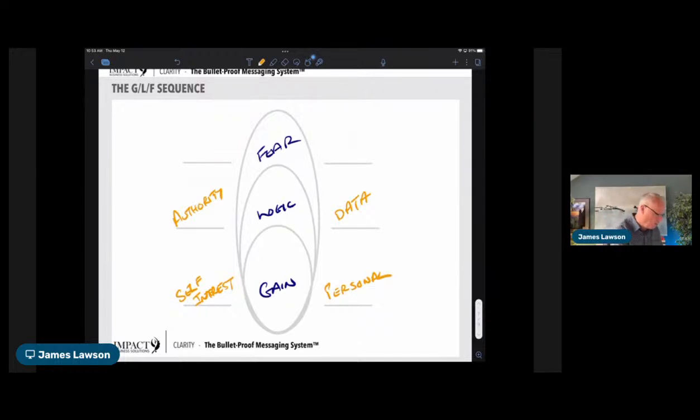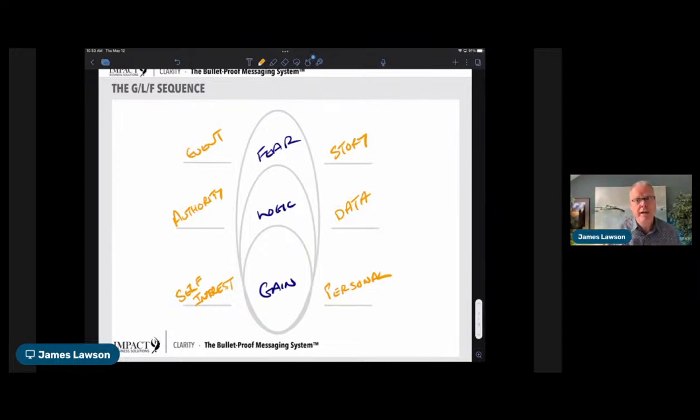So in the fear part, what are we looking at? Well, typically an event, or a story. What do I mean by this? If we're going to talk to fear, we're talking about some bad event that could happen if they don't take appropriate action.